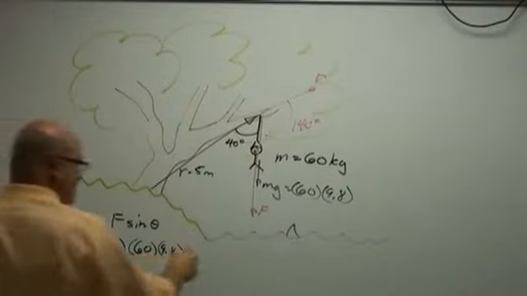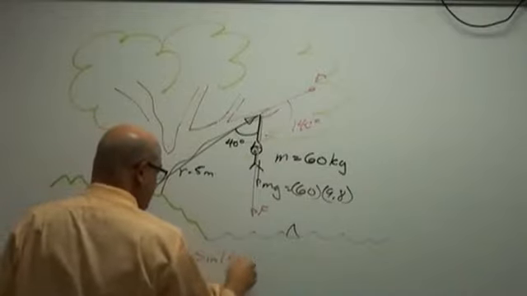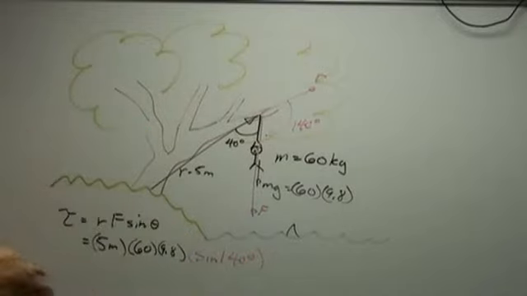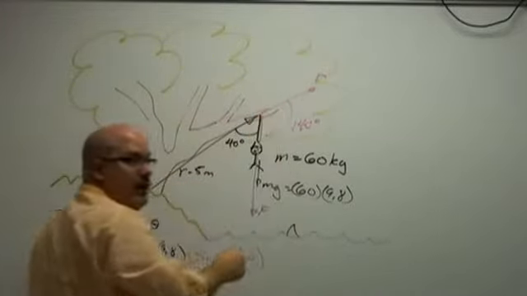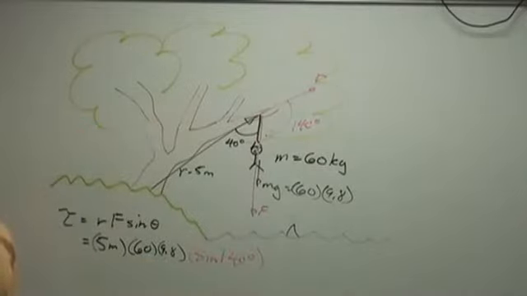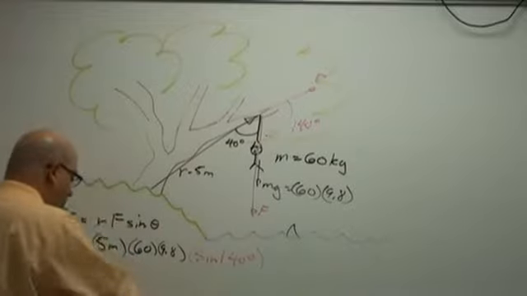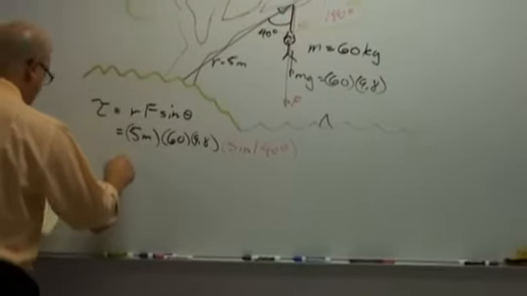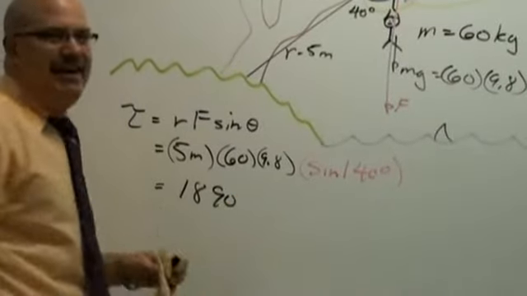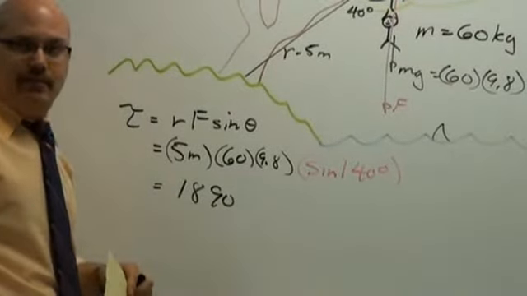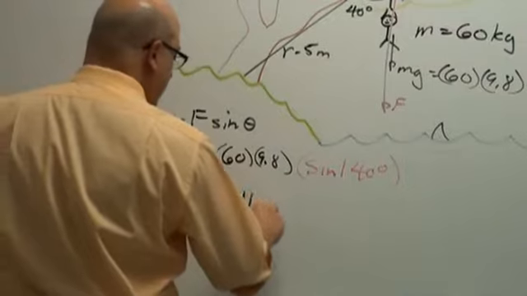Sine of 140. That is the angle from the equation, right? Yes, because the radius is that way and the force is this way. Now I'm going to show you a trick in just a second. Sine of 140. So we end up with our answer being 1890 Newton meters.